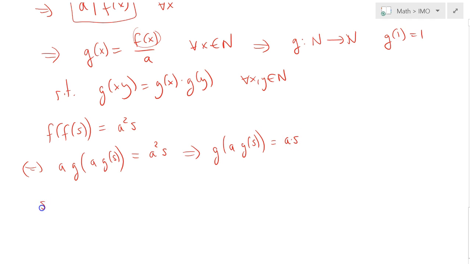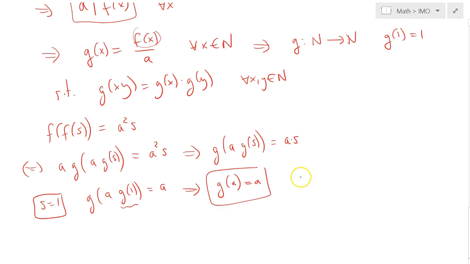Now if we plug in s equal to 1 into this expression, we would get g of a times g of 1 is equal to a, but then g of 1 was defined to be 1, so this implies that g of a is in fact equal to a. So therefore a is a fixed point, namely f of 1, whatever value it is, would give you a fixed result for our function.